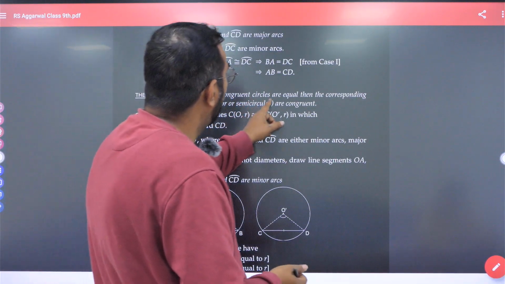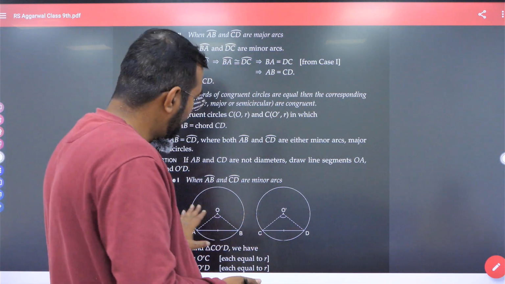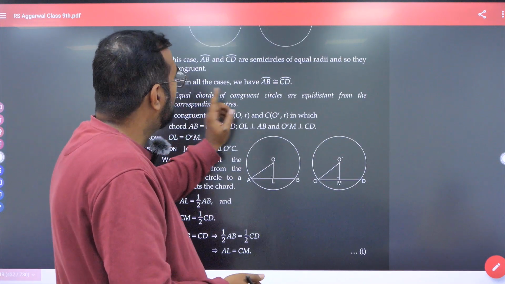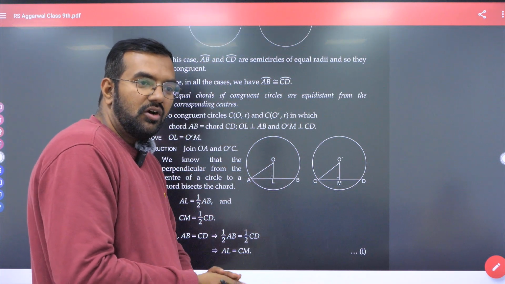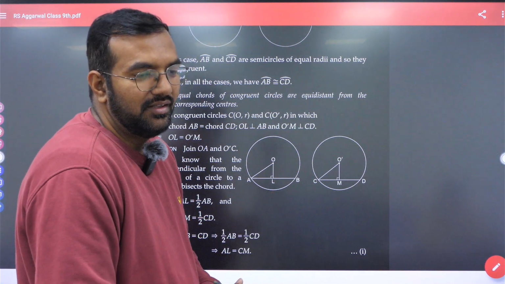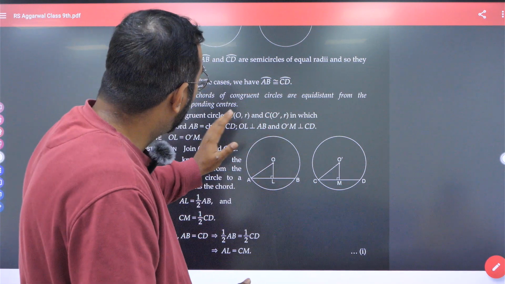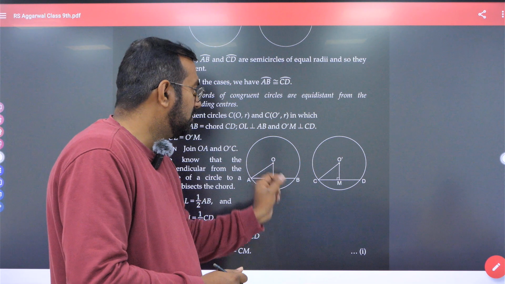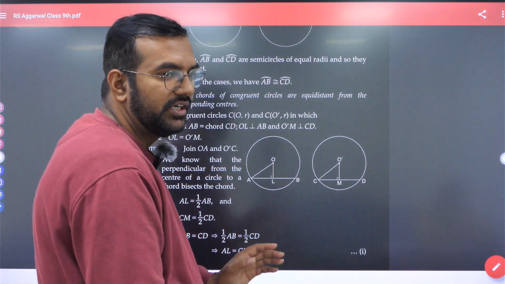If two chords of a congruent circle are equal, then their corresponding arcs are congruent; you can prove it the same way. Equal chords of congruent circles are equidistant from the corresponding centers. All these theorems we have proved in the same circle. If you apply the same method, you will get the result, because the radii are the same.